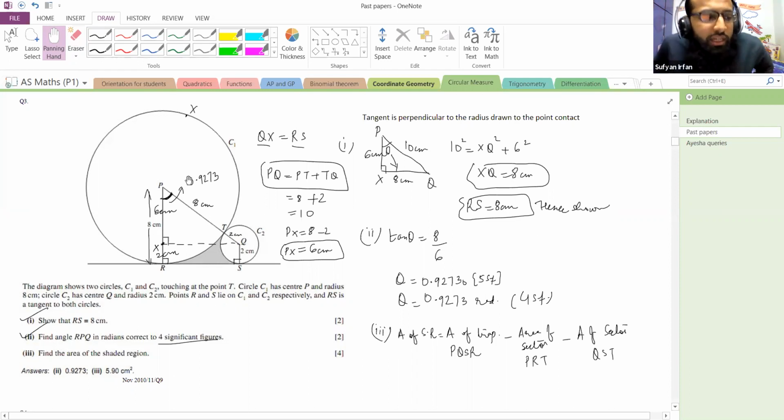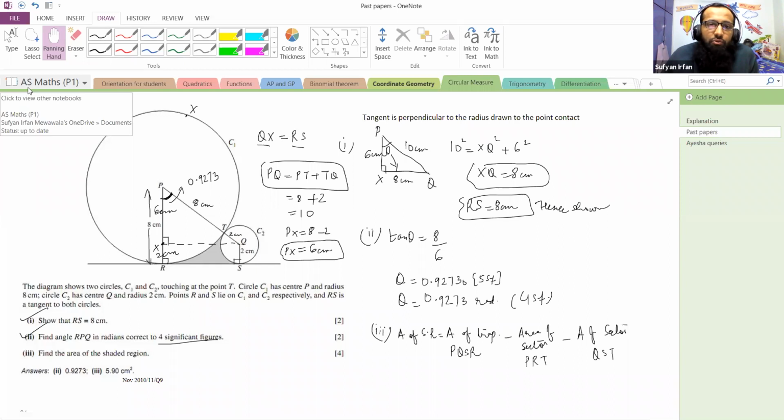Because at times, when we move on to the later part of the question, we think we do not know something, although it was already found in the previous part. So it's always recommended that any answers that come, you just keep adding them to the diagram to make sure you know that this has already been found, right?